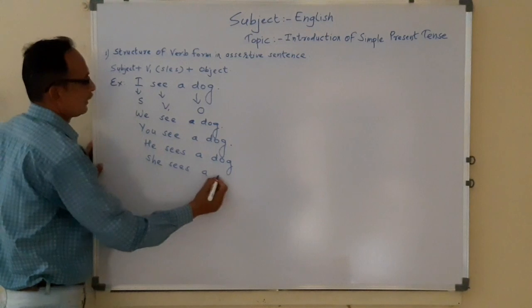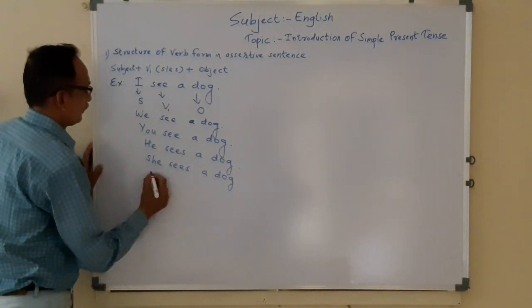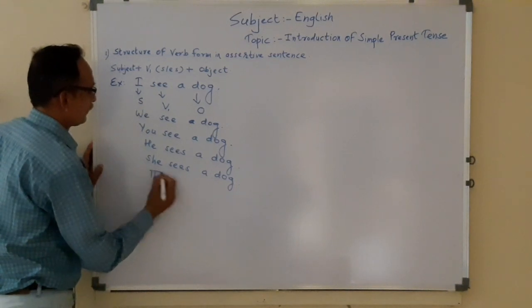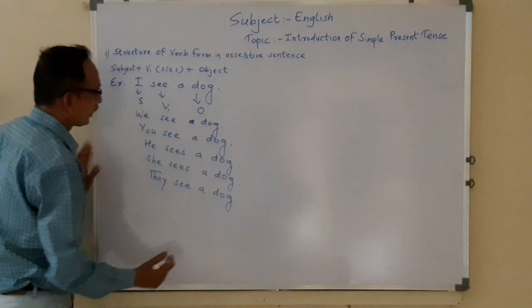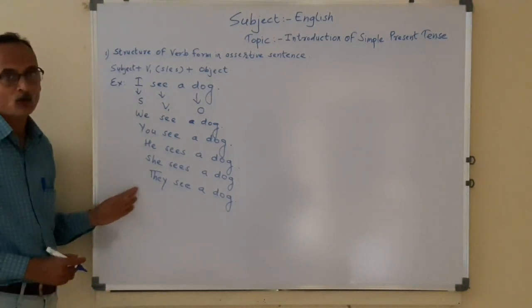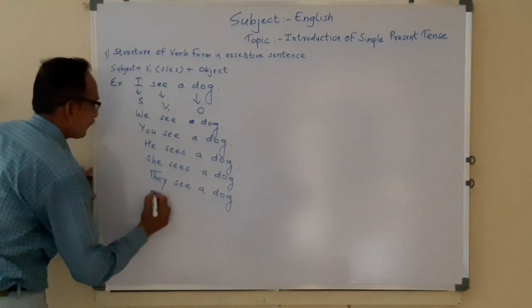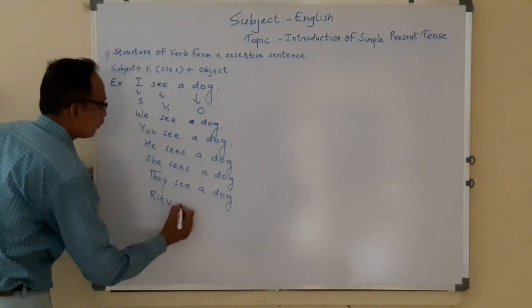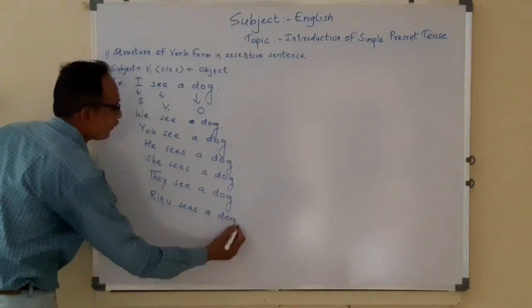she sees a dog, they see a dog. You can also use a noun in place of the subject, just like Ritu sees a dog.